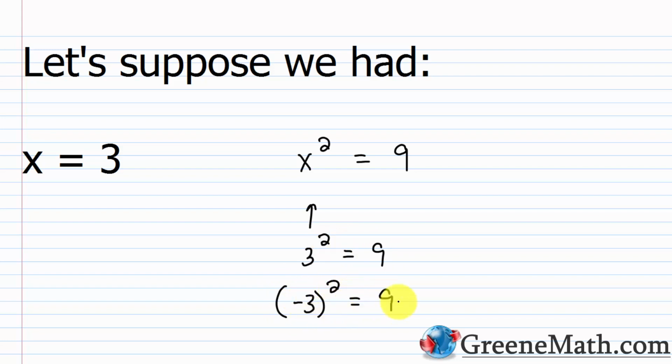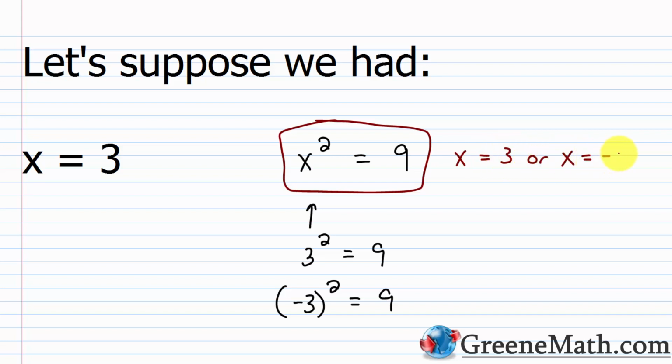So the solution for this equation would be x equals 3 or x equals negative 3. So there's 2 solutions there. But in the original equation, if I took this negative 3 and plugged it in for x, we'd have a big problem. We'd have negative 3 is equal to 3. That's false. That does not work.